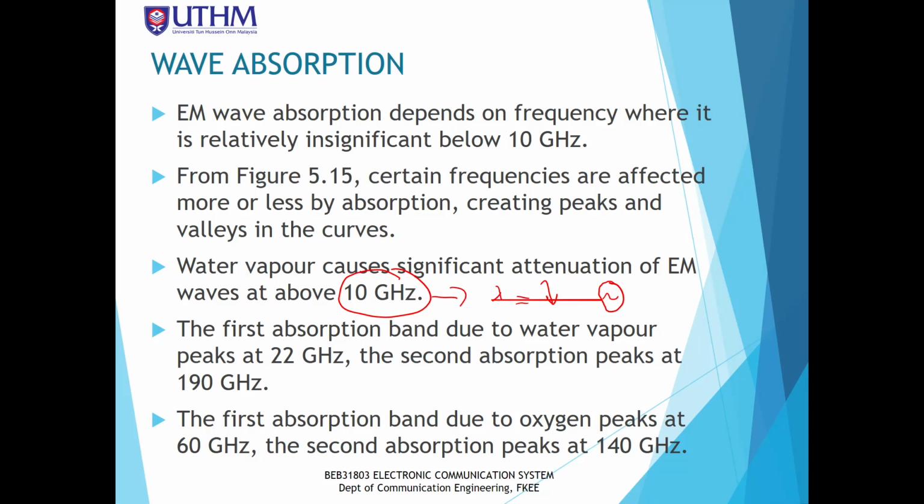So that is why, especially for longer distances, the signal becomes attenuated and maybe it will not reach the destination. An example is your Astro channel, Astro TV. During heavy rain, there is no signal. So we get angry at Astro. Why is there no signal during the heavy rain?